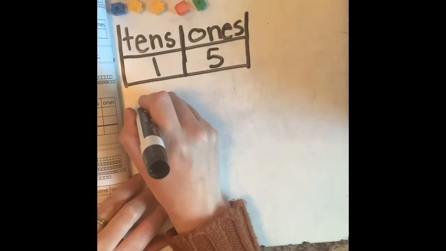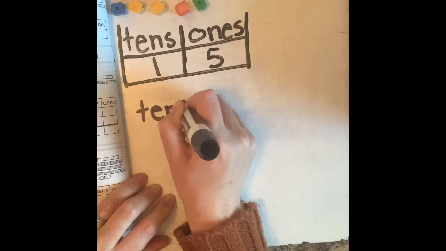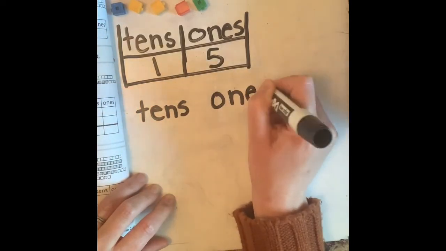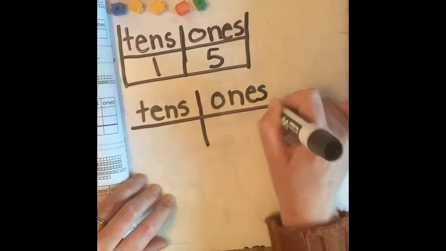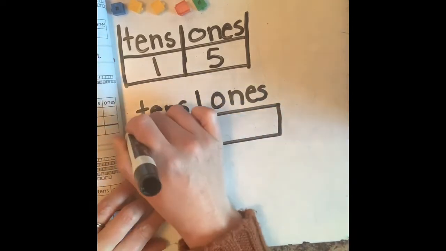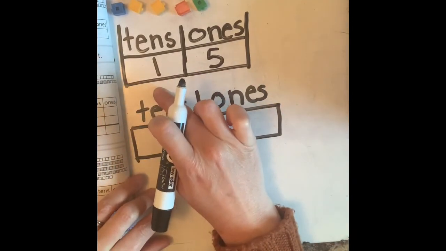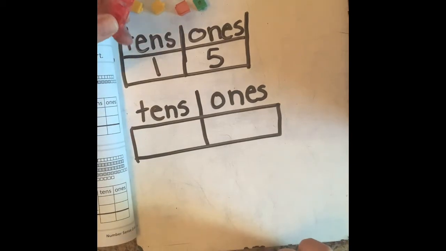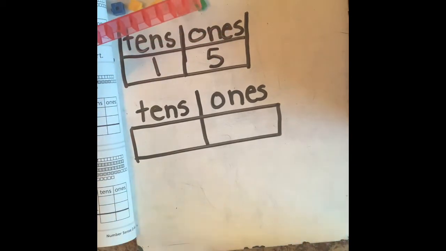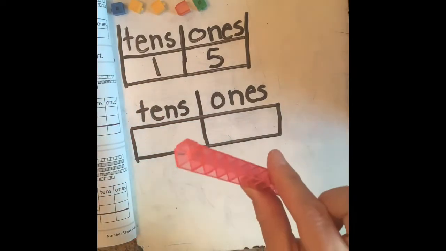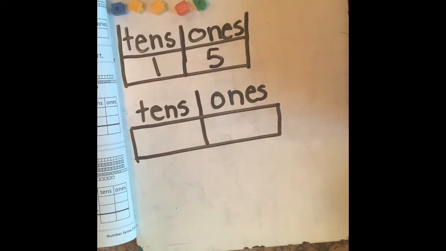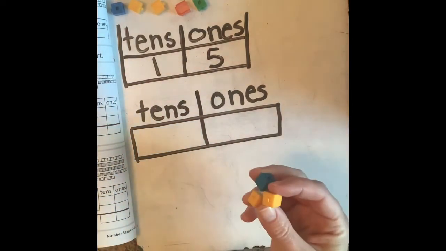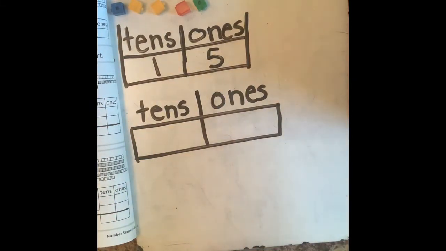So all you're going to do in the new chart is trade in one of these 10s and add it to the ones. So here's our only 10 we have there. So we're going to trade that in, take it away, and trade it in for 10 ones because 1 10 block is the same as 10 ones.